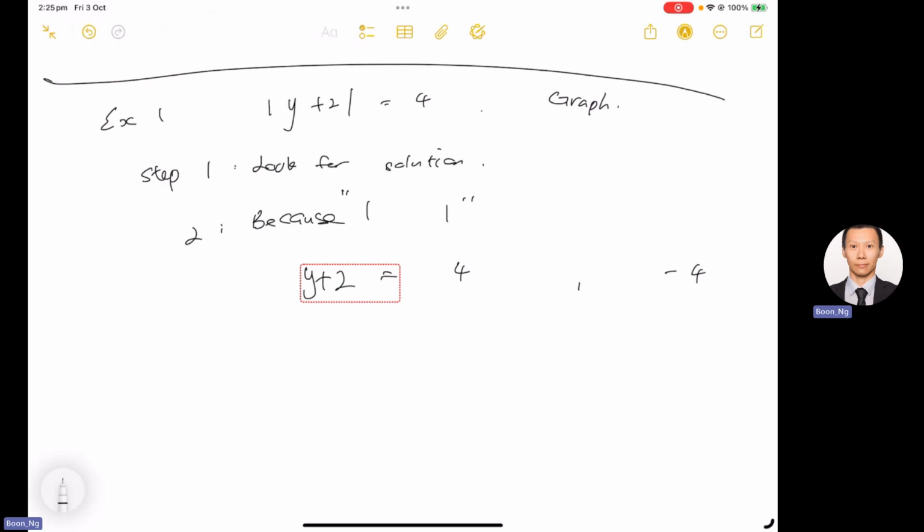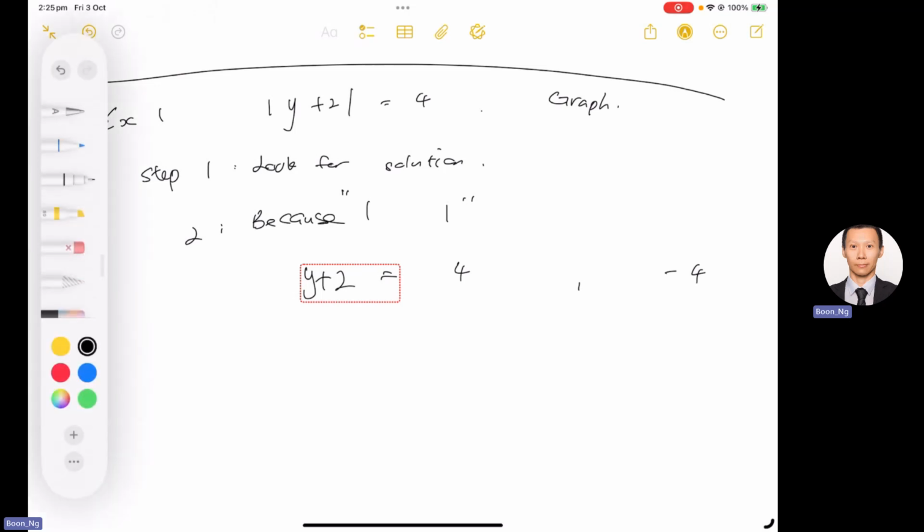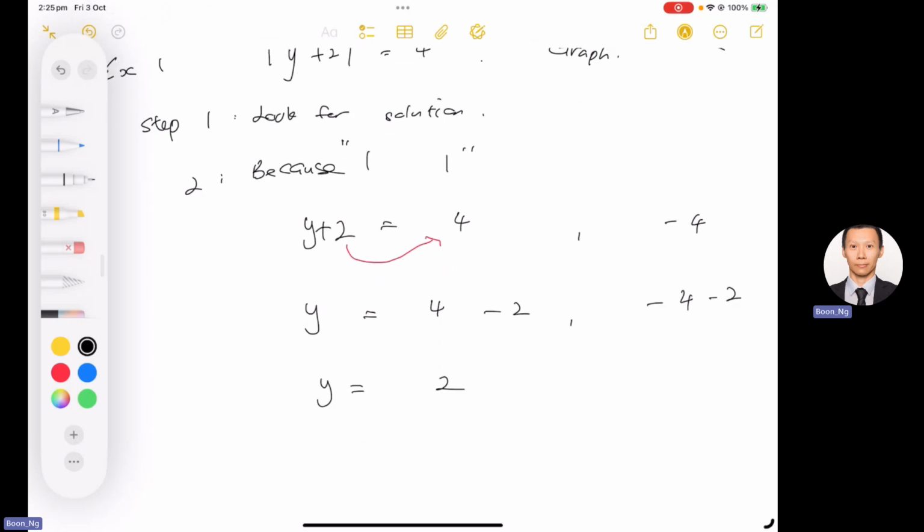So what this means is, when you move this 2 over, this is what you have: y equals 4 minus 2, and negative 4 minus 2. So y can be either 2 or negative 6.